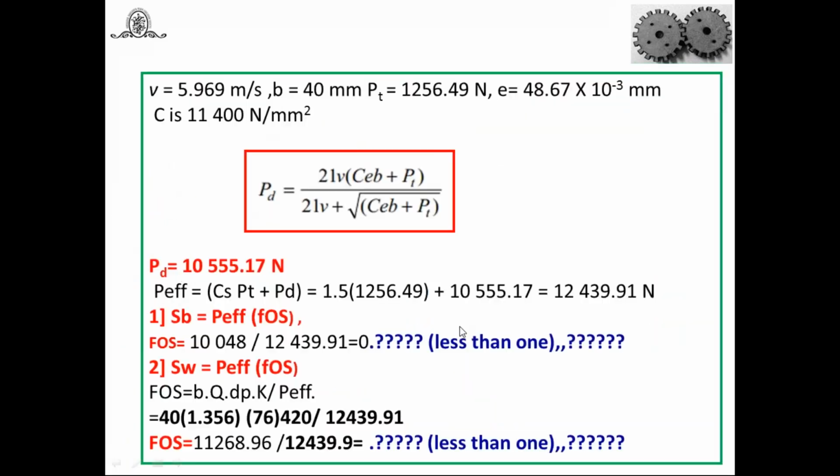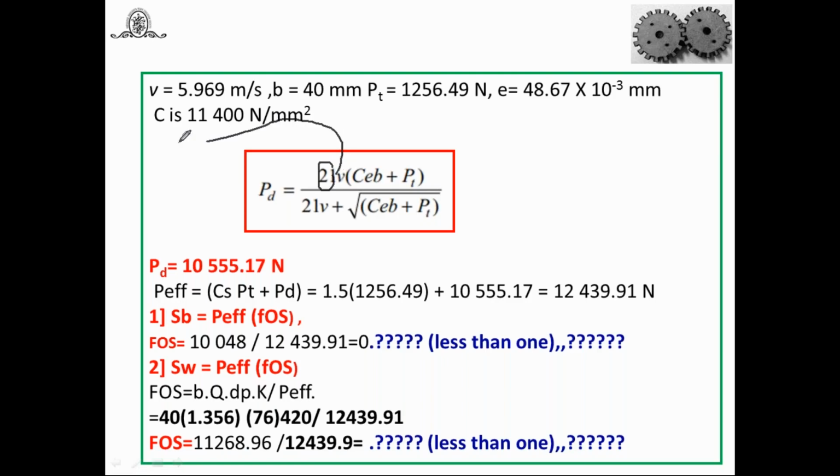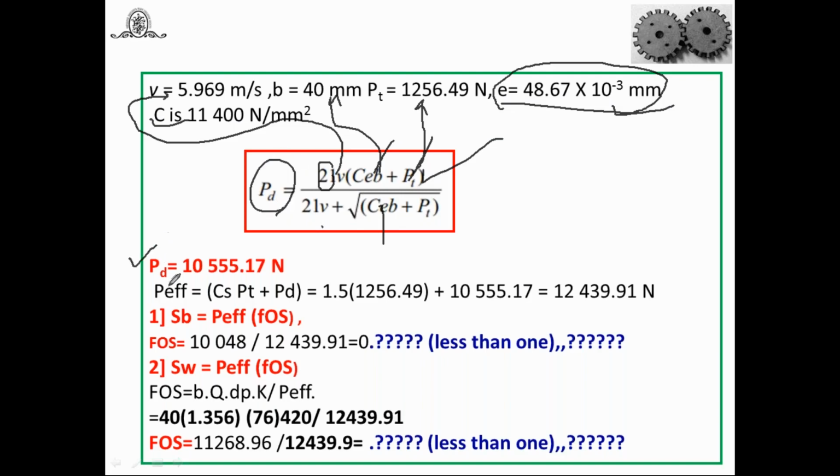Here we have the equation PD is equal to 21 into V, the pitch line velocity already calculated, B the face width 40 mm as given, PT calculated 1256, E the total error now calculated in mm, and then the deformation factor 1100 400. You can substitute all these values here. Then you will get the PD. After the calculation, try to understand, the PD is equal to 10,555 Newton.